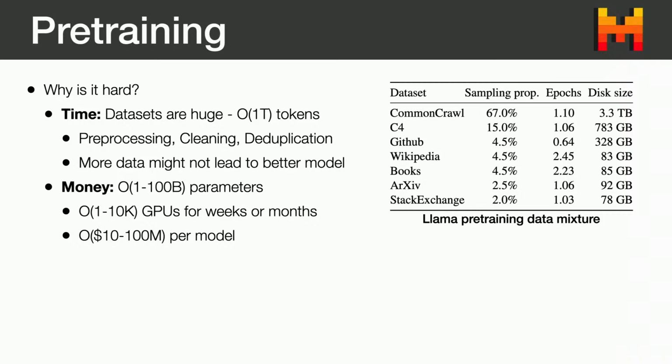It also requires a lot of investment. These models are huge. It can go up to hundreds of billions or even trillions of parameters. Each model takes tens to hundreds of millions of dollars to train. And the hardest part is you don't get multiple chances to train the model.